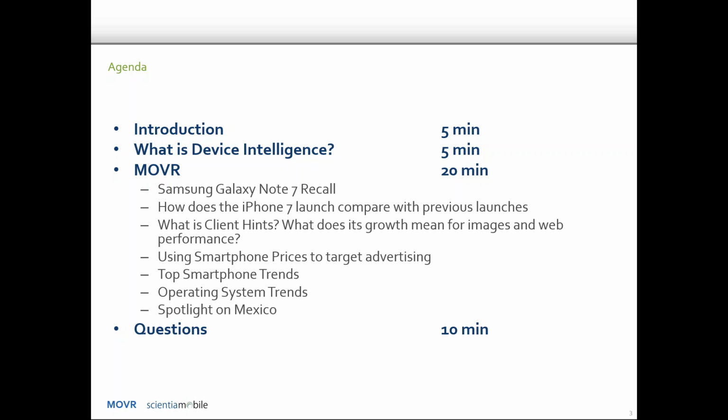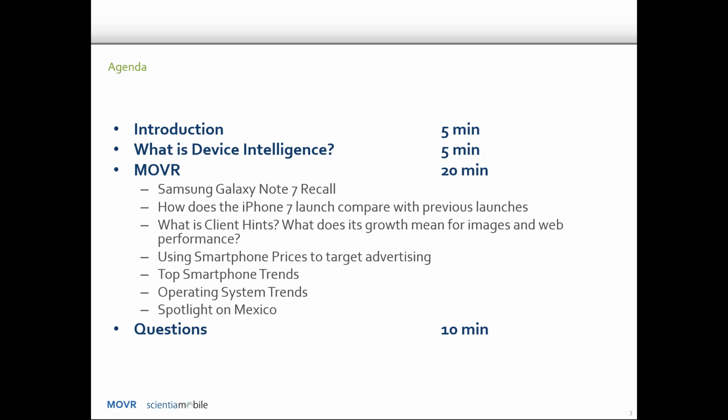We'll take a look at client hints. A bit of explanation will go on there of just what exactly client hints are and what they mean for responsive images. And we'll look at the growth trends for that. We'll also look at a new WURFL capability. WURFL is our device detection system, and we have added a new attribute that we can discover very quickly called the MSRP, the manufacturer's suggested retail price.